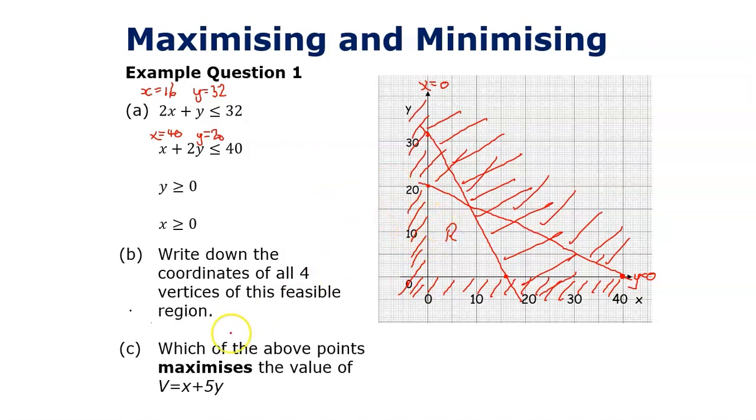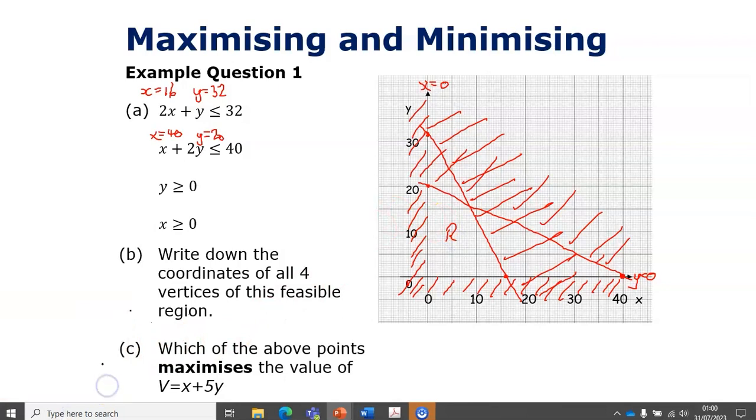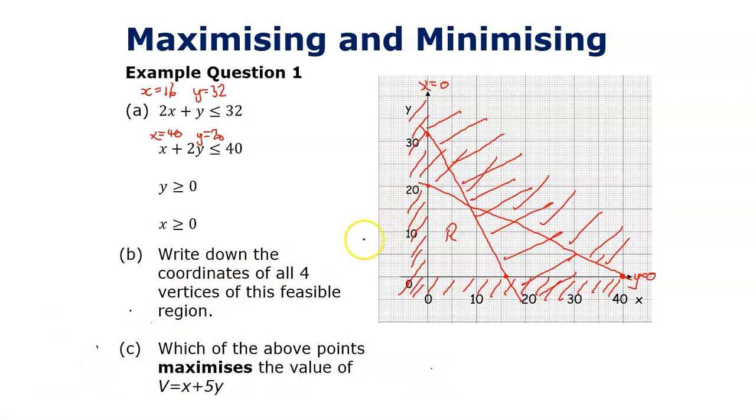Now, what we're going to identify for you now is the fact that what this has done is highlight 4 vertices, or coordinates, of this, what we call a polygon, or the critical feasible region. And those points, most of them you can just work out quite easily.